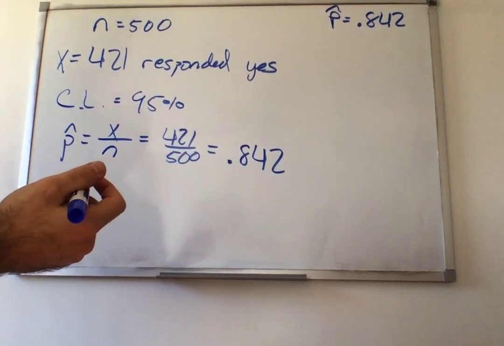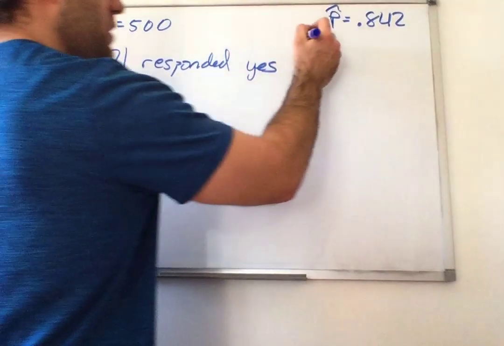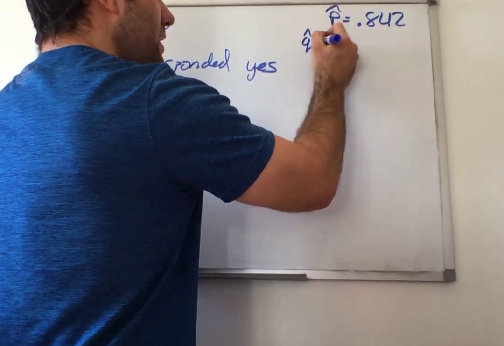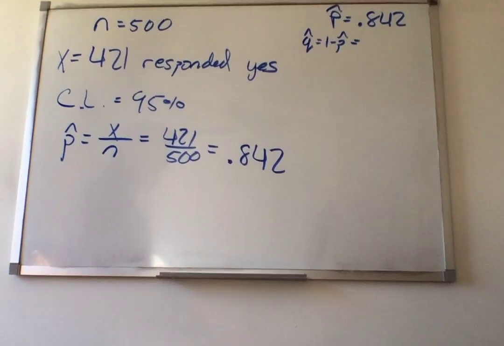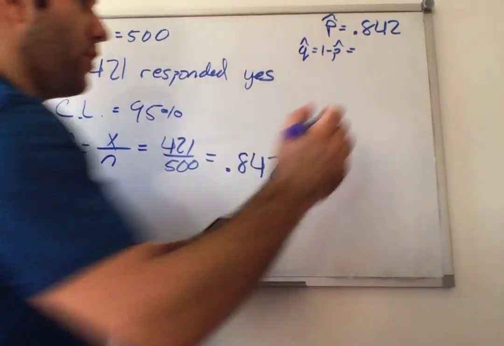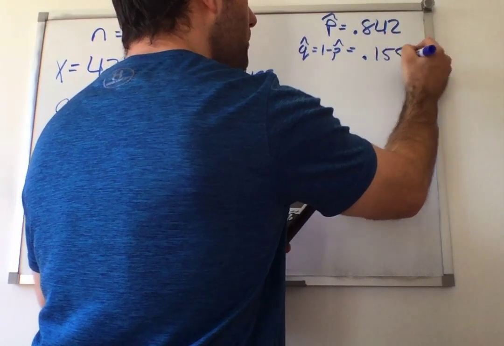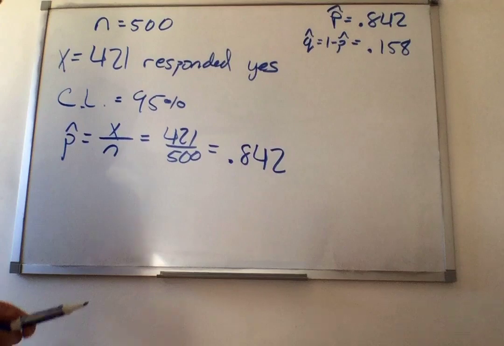We could go ahead and find Q hat right now if you want. We are going to need it for the error formula. So if you remember, Q hat is equal to 1 minus P hat. You can just punch this into the calculator, 1 minus this answer, and you get 0.158. So like I said, we're going to need that.